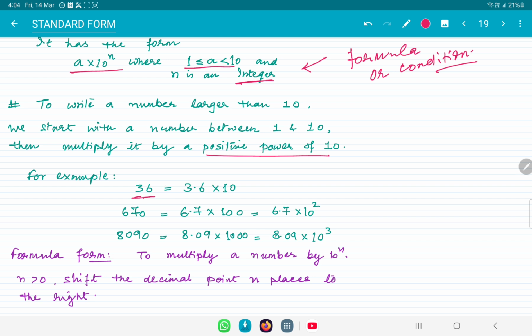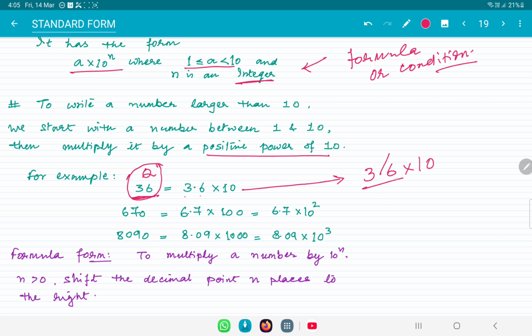Suppose they give you 36. 36 can be written in the form of 3.6 into 10, and whatever we write must equal the given number. Check: 3.6 into 10, remove the decimal.